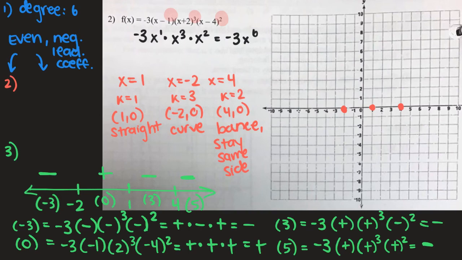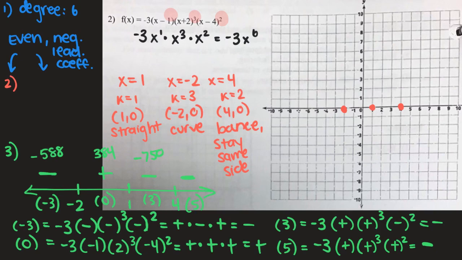So here's our timeline. If you really care about the number, then I'll give it to you. If you actually plugged in negative 3, you will get negative 588. If you plug in 0, you get 384. If you plug in 3, you get negative 750.